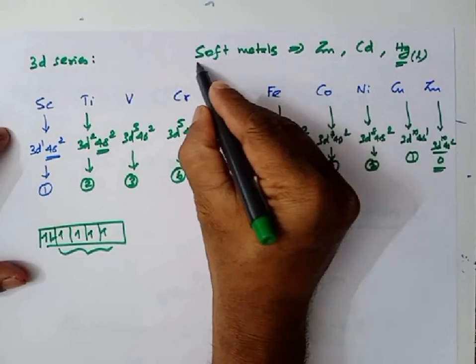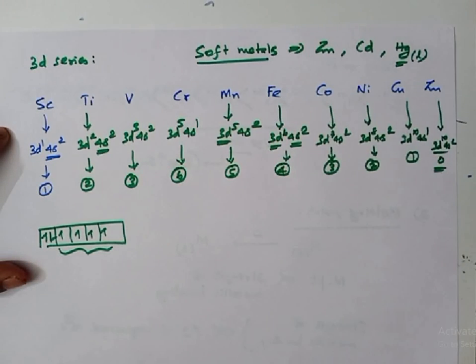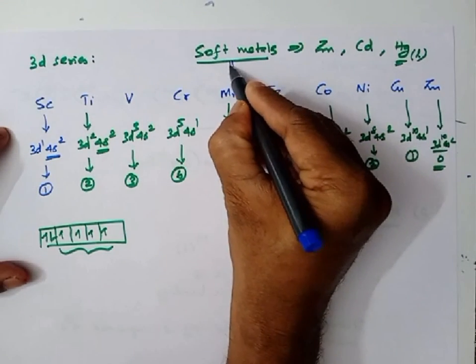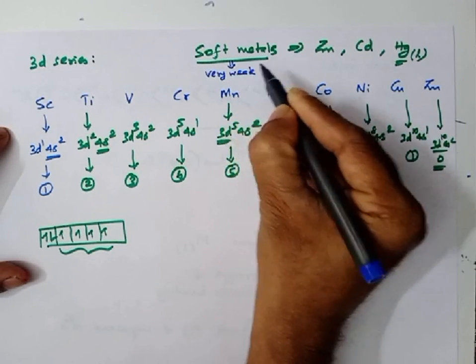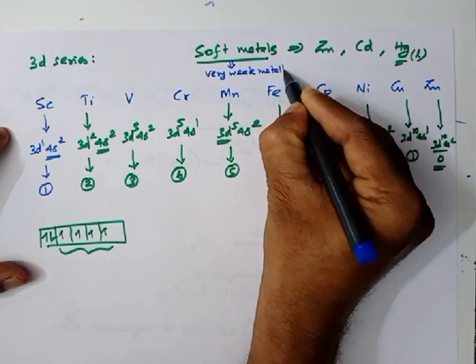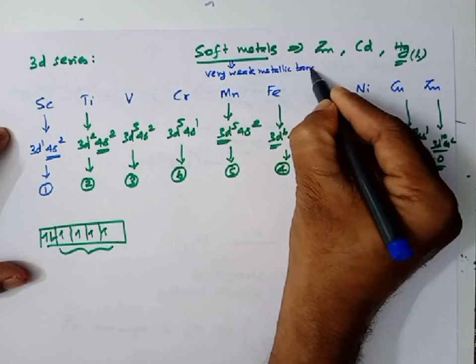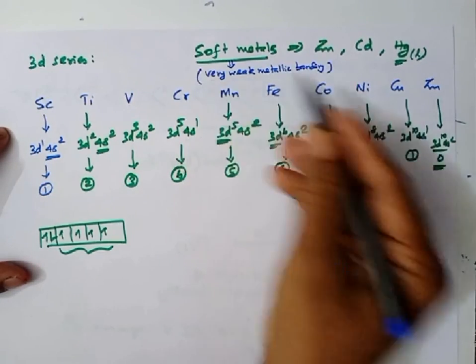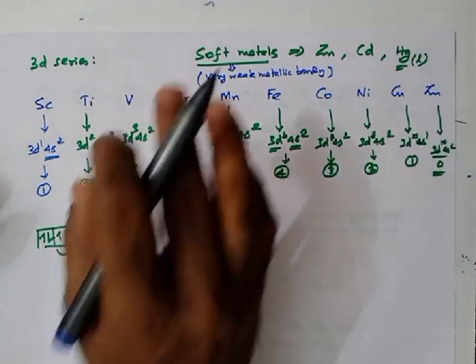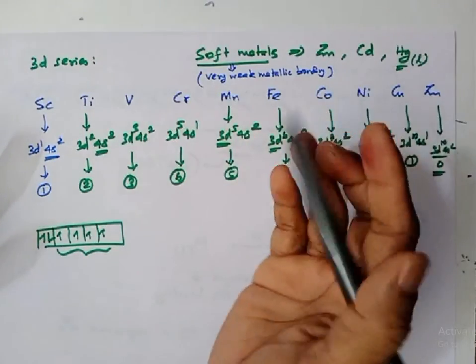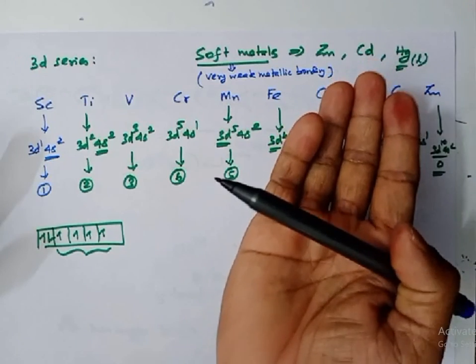What is the meaning of soft metal? Soft metal means very weak metallic bonding, because there is no unpaired electron. So they are called soft metals. Soft metals have a very low melting point, student.